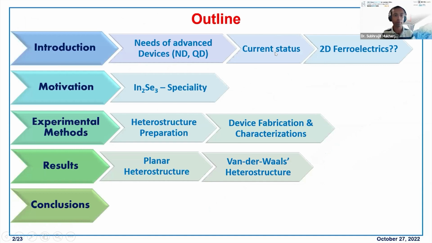First, I will introduce a little bit about the topic, like what are 2D ferroelectrics and what is the current status of using 2D ferroelectric based devices for optically controlled memory devices, and what material we are using for this purpose and why we are using it. Then I will show some experimental results based on the heterojunctions in planar and vertical heterojunction forms and their characteristics using the Kelvin probe force microscopy.